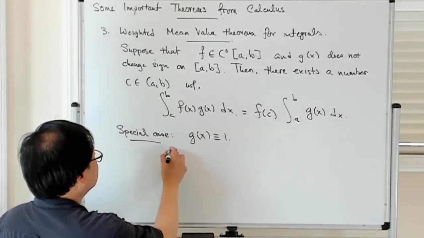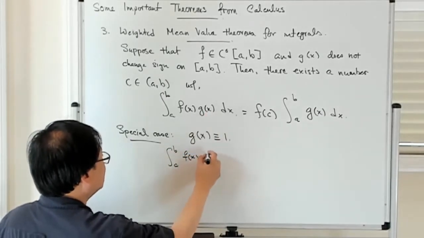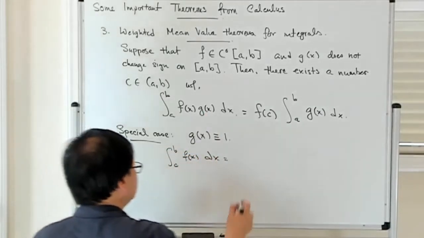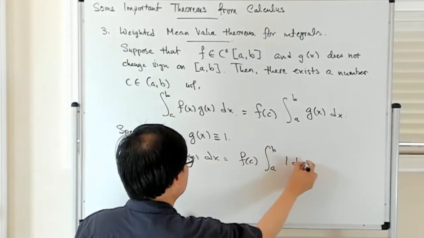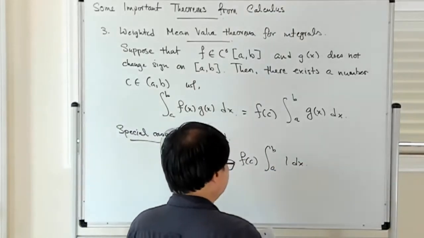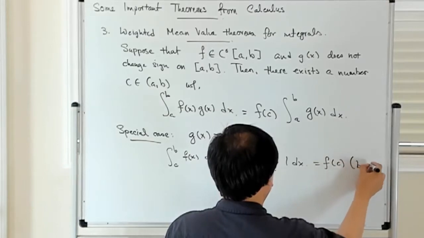All right, so this gives you the integral from a to b of f of x, and then g is identically 1, so I'm just going to drop that, dx is equal to f of c times the integral from a to b of 1 dx. And the integral of 1 dx is obviously just b minus a. So this is f of c times b minus a.